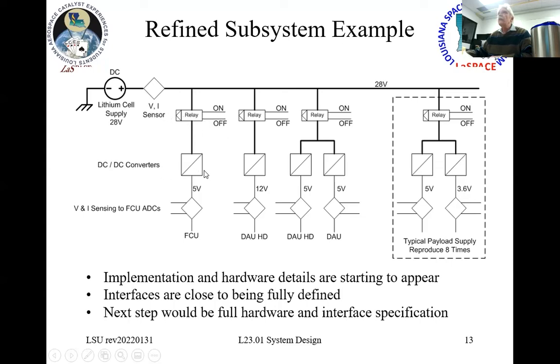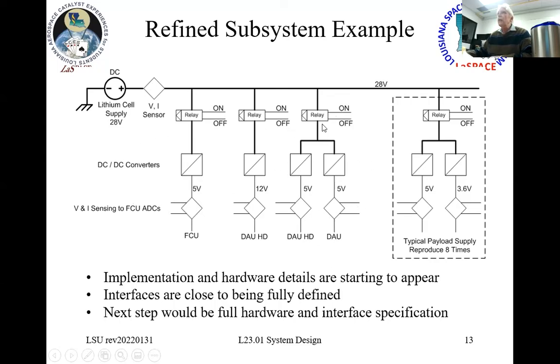We have the DC to DC converter that takes that 28 volts and converts it back to 5, and we have voltage and current sensing through here. We show that there are 2 lines coming out for that, and likewise for the CubeSat supply, the data archive supply, and the DAU. So those are the things that you see.